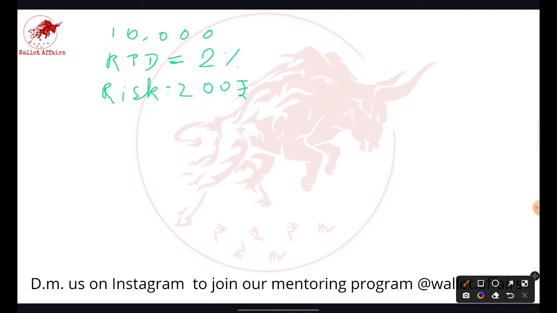So how this 2%, see, 2% of 10,000 is 200, right? 2% of 10,000 is 200, and I can take that from my 10,000 of capital. So 200 rupees is the amount of risk which I can take from 10,000 capital.